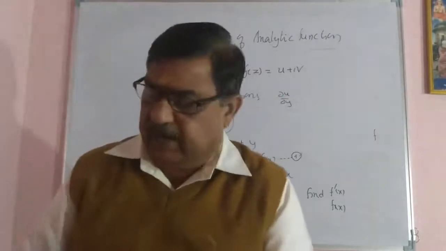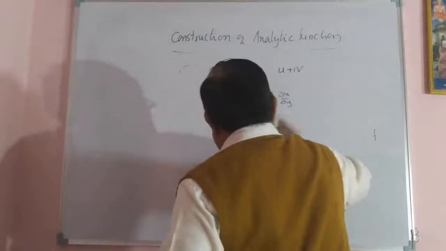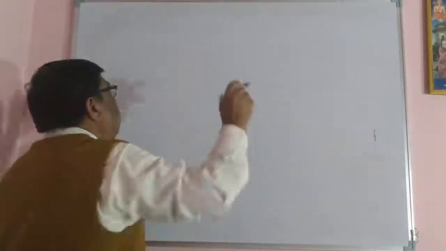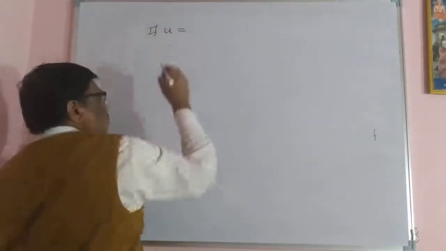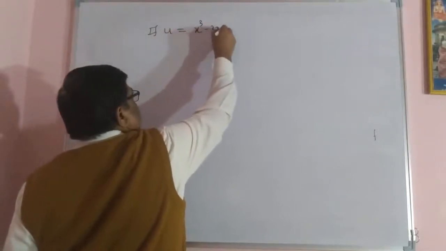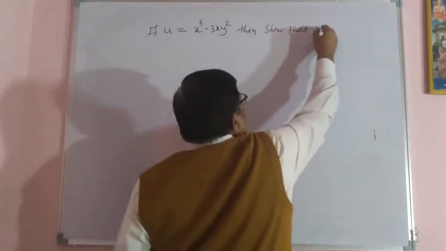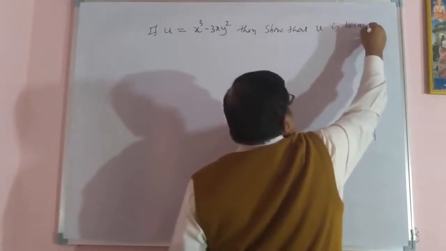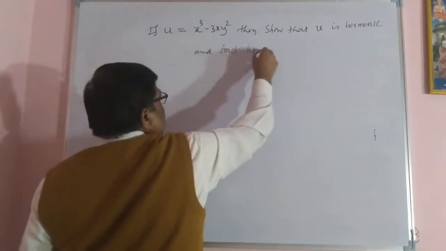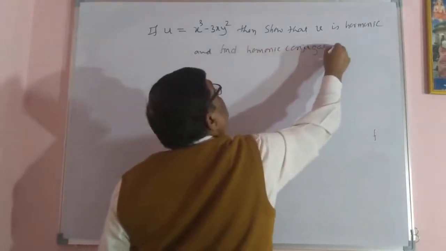Okay, let us see one by one. Example 1 says: if u equals x cube minus 3xy square, then show that u is harmonic, and find the harmonic conjugate and the analytic function.